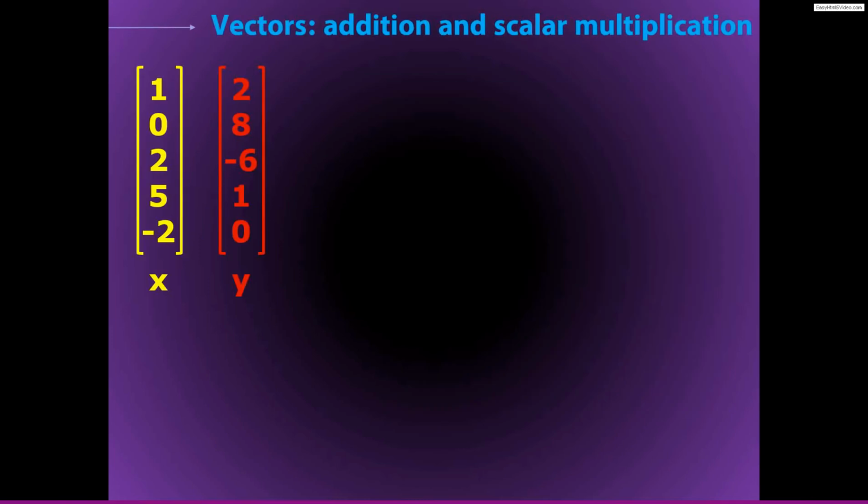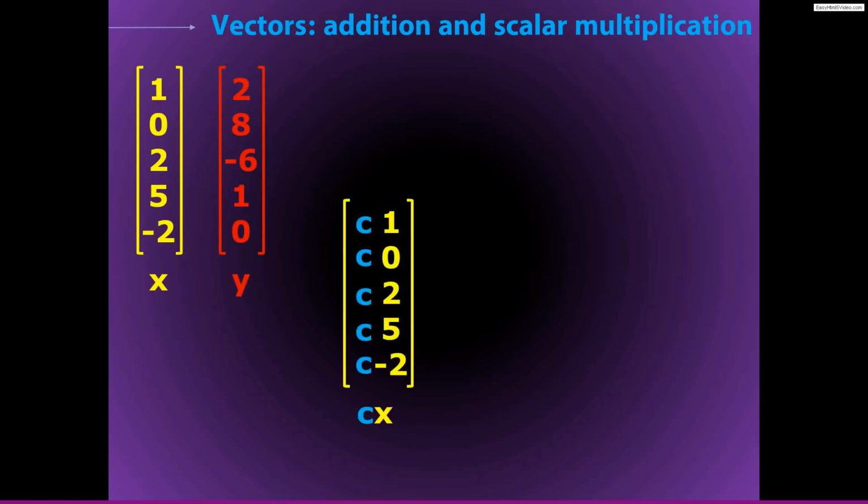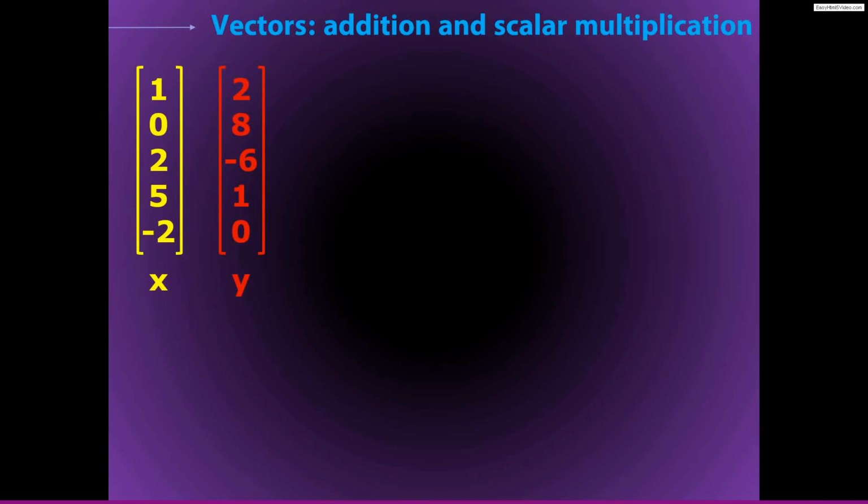Okay, so what can we do with vectors? We can add vectors, and we can scalar multiply vectors. Adding vectors is very simple. You have 2 vectors, and if you want to add them together, so here vector x plus vector y, you simply add together all the individual components. So the resulting vector would be 3 and 8 and minus 4 and so on.